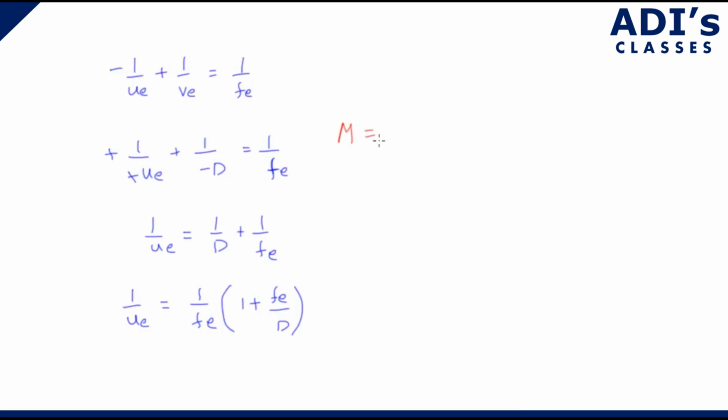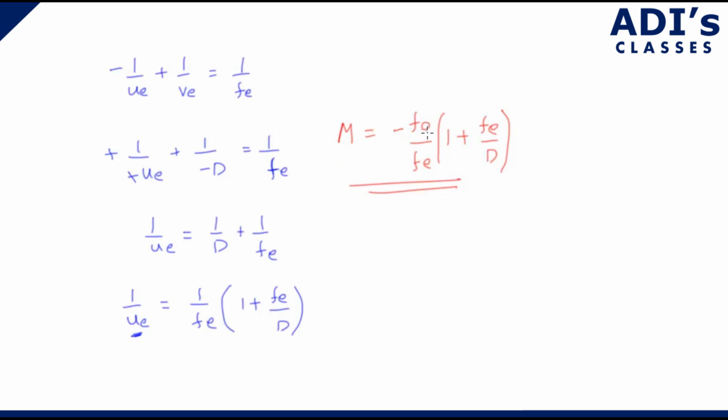When you do that, you will get M is equal to minus F naught by FE into 1 plus FE divided by D. So remember, at the last what we did was we took this value, 1 by UE, in terms of magnification.